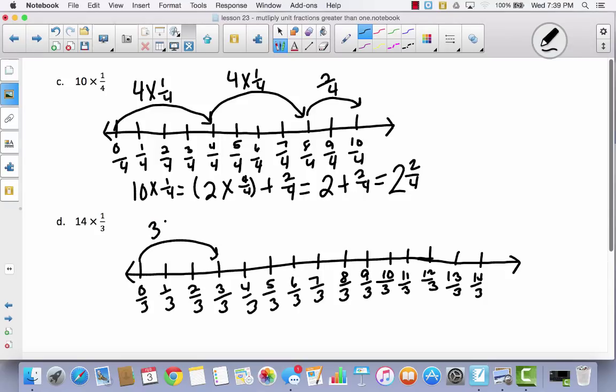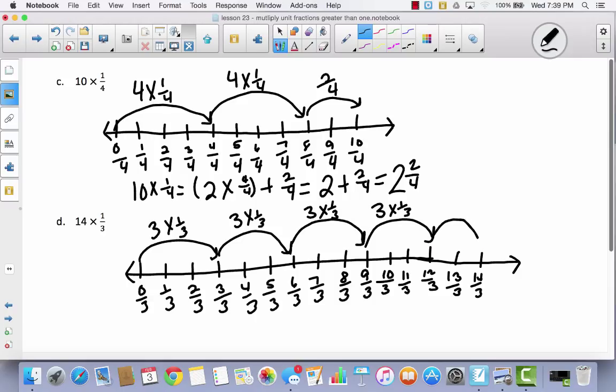So 3 times 1/3. Then I'm going to do 3 more. 3 times 1/3. So that's 6. 3 times 1/3. That's 9. I can do 3 more. That's 12. 3 times 1/3. I can't do 3 more, but I can do 2 more. So now I've got 2 thirds.